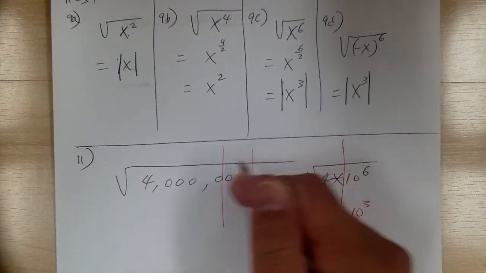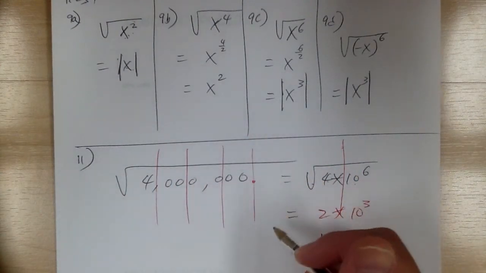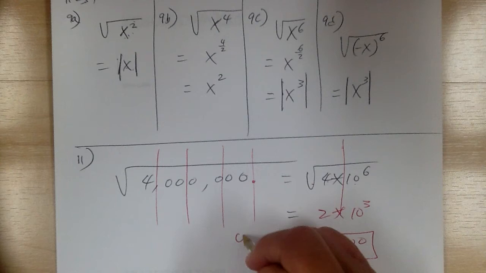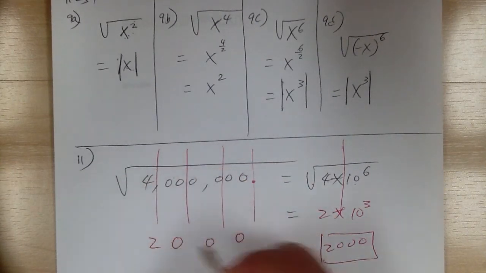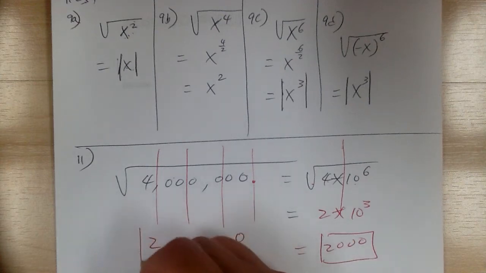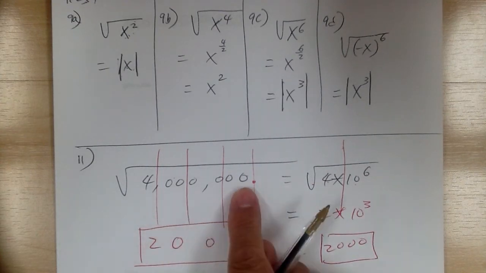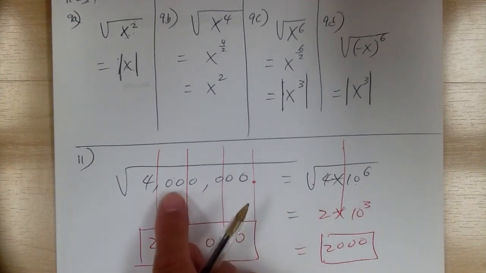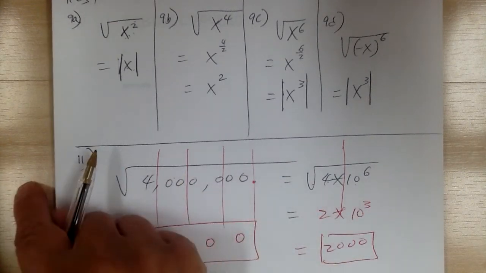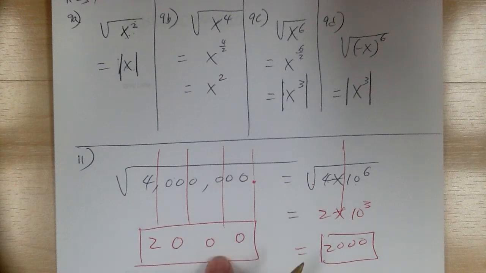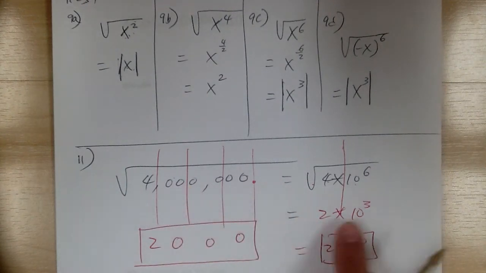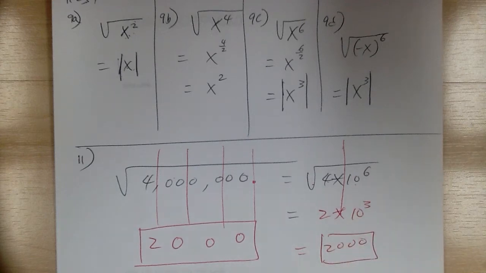Square root of 0 is 0, square root of 0 is 0, square root of 0 is 0, square root of 4 is 2. Again, same answer, right? But you have to be careful with this method. You can only do it with all the zeros on the back or all the zeros in the front. If you have other digits right in the middle, then this method cannot work, because this method is based on this technique over here.